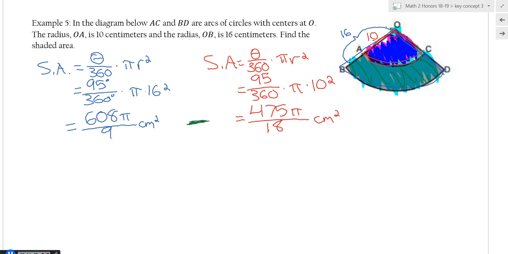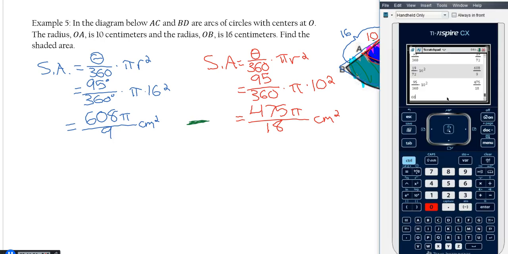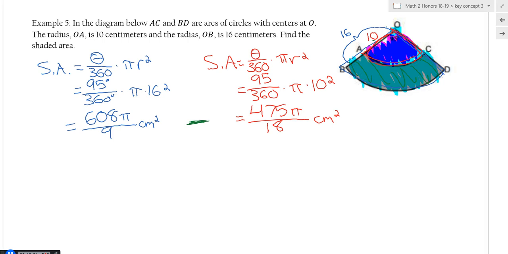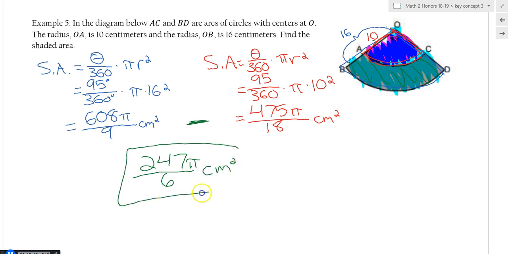So that minus that: 608/9ths minus 475/18ths, and we're left with 247/6 pi, in centimeters squared. Okay, so we can still do those things where we're adding or combining all of that. All right, and that is it. I will see you guys tomorrow.